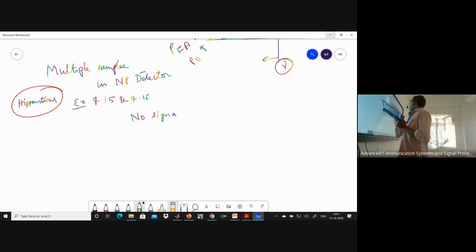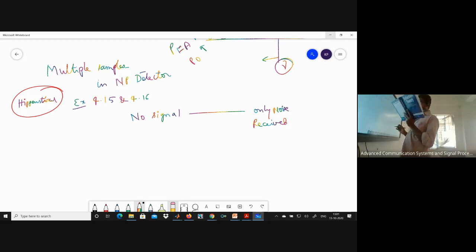Under no signal condition, only noise is received. Under signal present condition, 1 volt plus noise is received. So no signal means 0, and noise is added here. When the signal is present, meaning source symbol 1, you receive 1 plus noise.